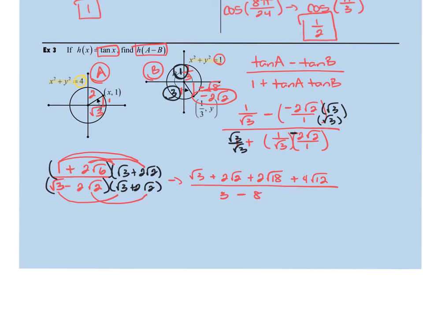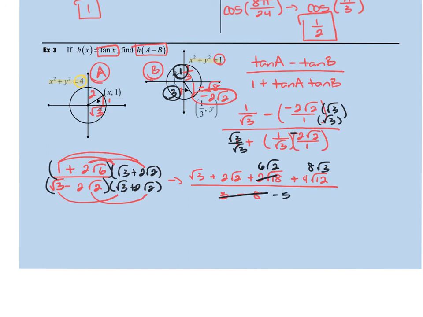Now I can start cleaning things up. 2 square root of 18 is going to simplify to a 6 square root of 2. And 4 square root of 12 is going to simplify to an 8 square root of 3. The denominator is going to simplify to a minus 5.